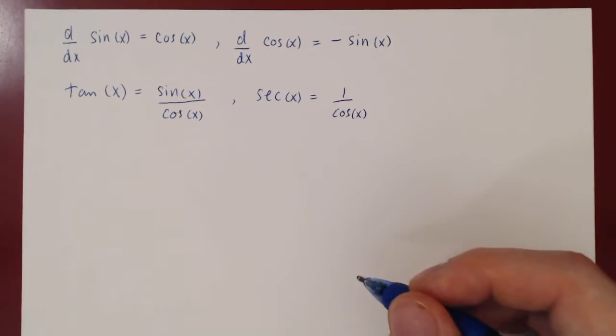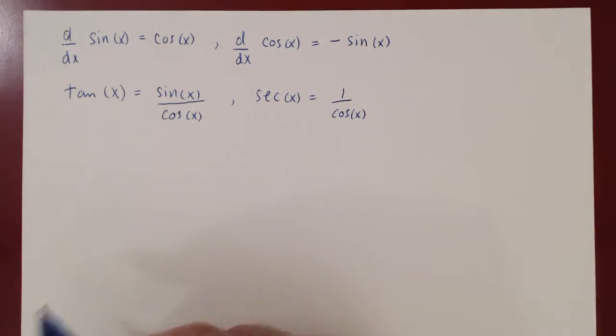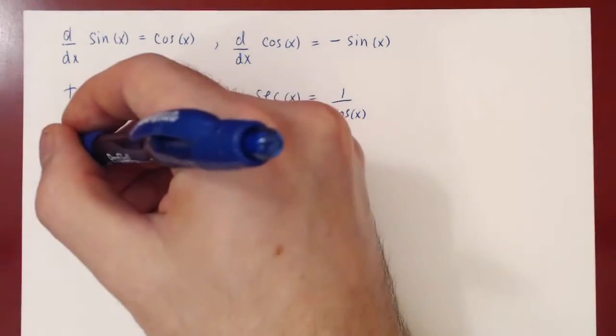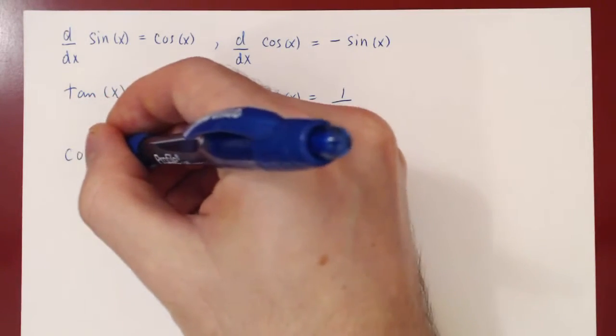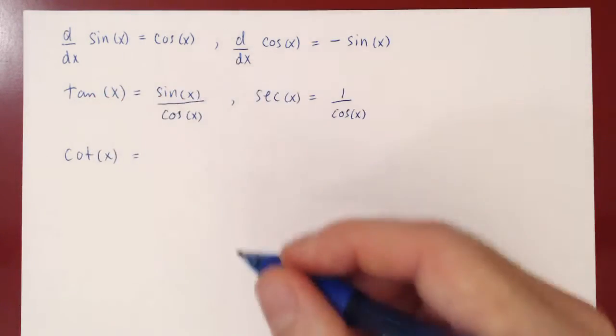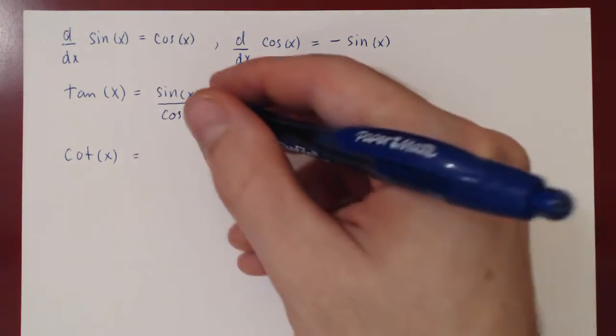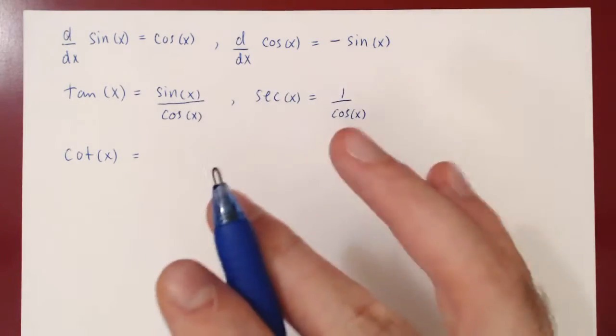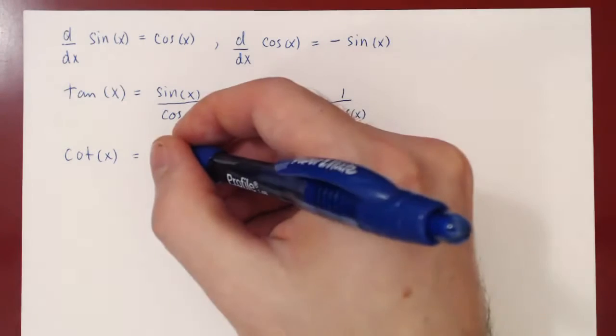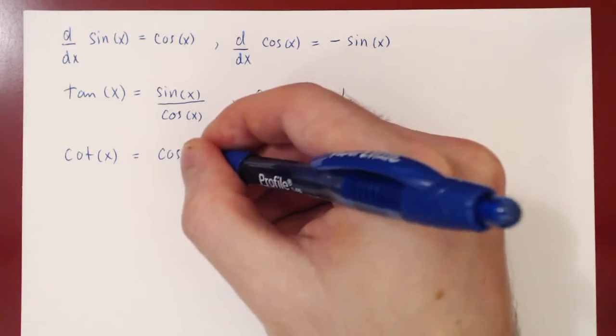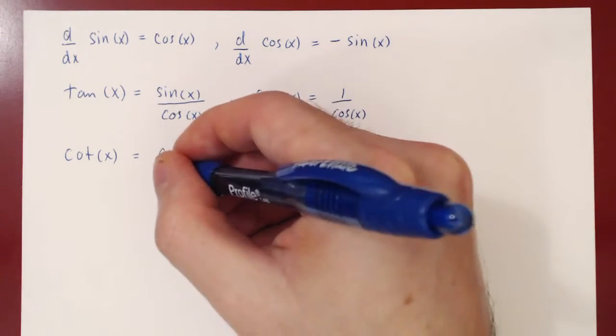And then we have the mirror images. With tan of x, we also have cotangent of x, so it's just 1 over tangent. Therefore, if you do 1 over this fraction, you flip the fraction, so cotangent is cosine of x divided by sine of x.